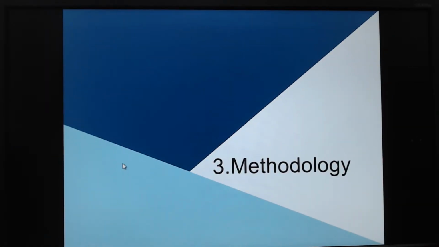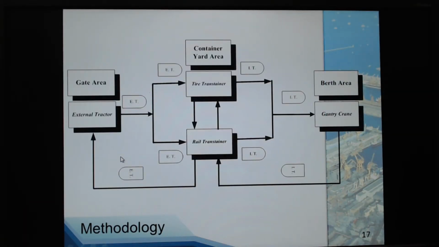Number 3 is the methodology. As I just mentioned, we use this kind of container terminal structure. For example, we calculate an export container. From the external trailer, the cargo goes through the gate area and is transported to the container area.